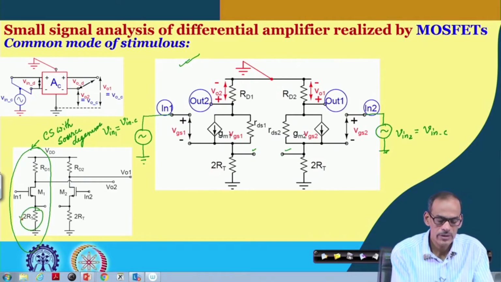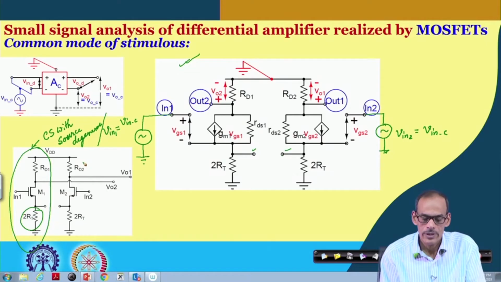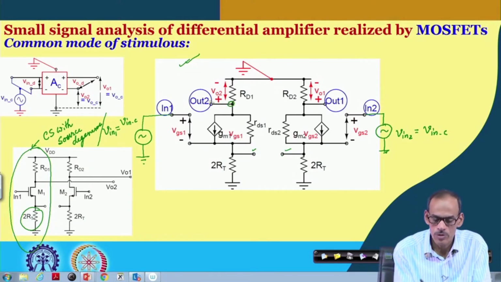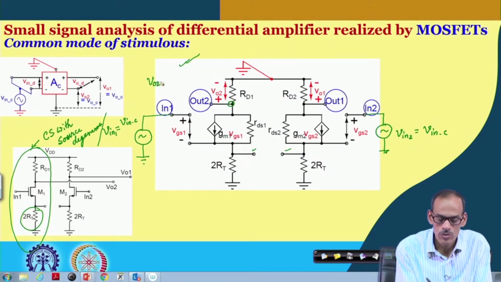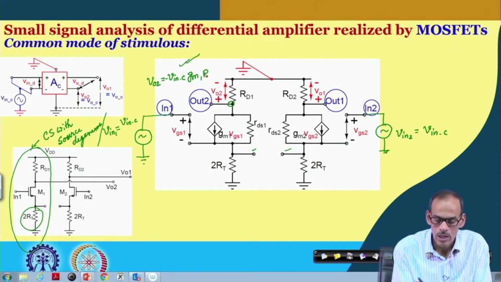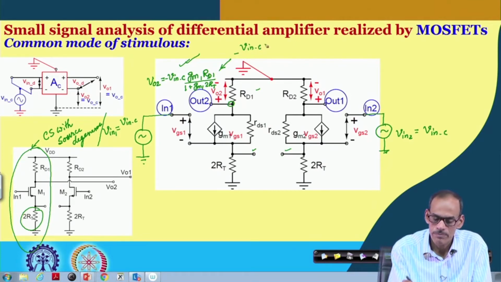We know its consequence, namely the signal coming at its output will be VO2 equals minus V in C times gm1 RD1 divided by 1 plus gm1 into 2 RT, or you can approximate this by minus V in C times gm1 RD divided by gm1 into 2 RT.